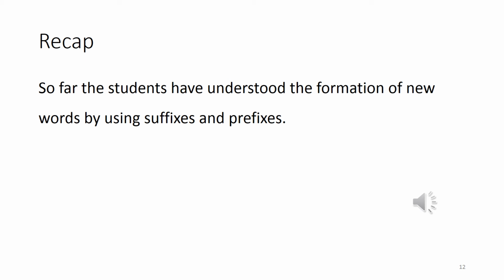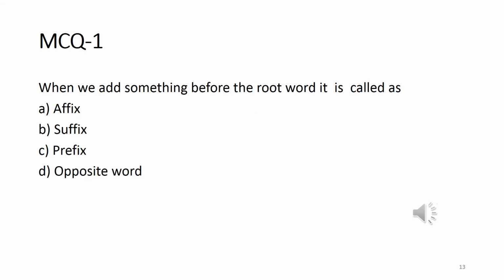So far, in this session, you have understood the formation of new words by using suffixes and prefixes. Now, I would like to ask you some questions. Try to answer these questions.